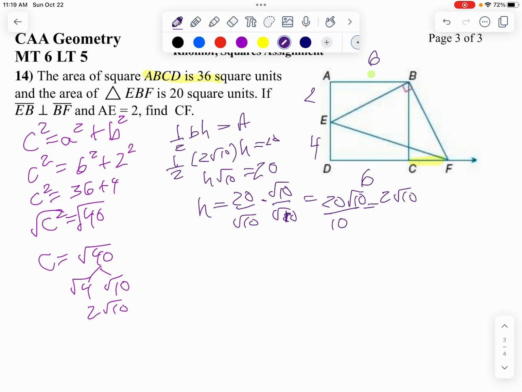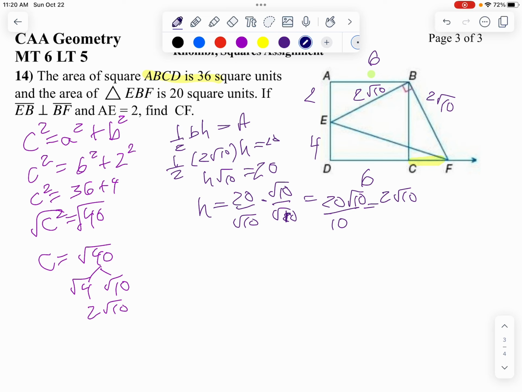So in other words, I got an isosceles triangle, don't I? I know it's 2 square roots of 10 for each leg. And then I can find E to F, can't I? Using the Pythagorean theorem because I got my 2 legs.